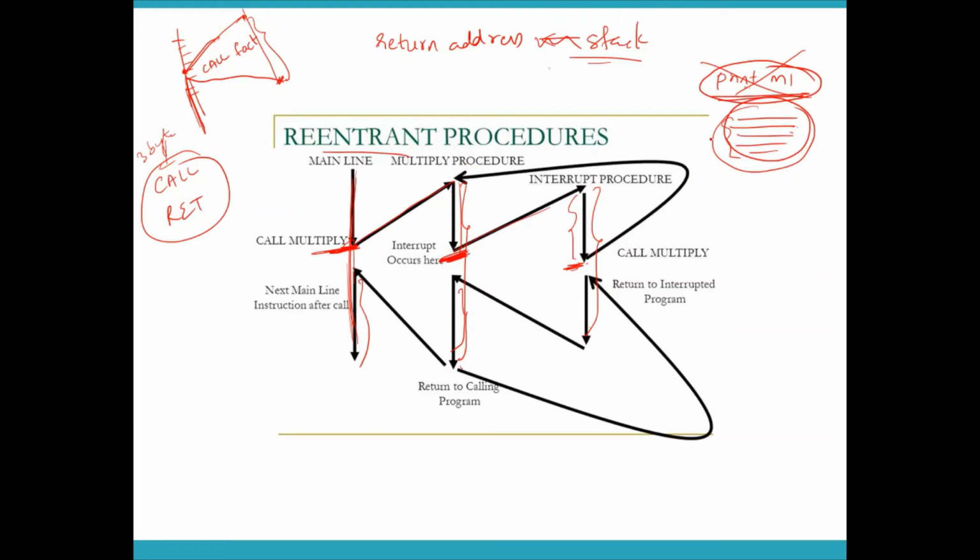That means again you are going to the same procedure. So what will happen? You complete the multiplication again, then come back and complete the interrupt procedure, then return to the multiplication, and after completing this procedure, you go back to your main program and resume its execution. Such a procedure is called a re-entrant procedure. You are re-entering. So such procedures are called re-entrant procedures. Did you understand?